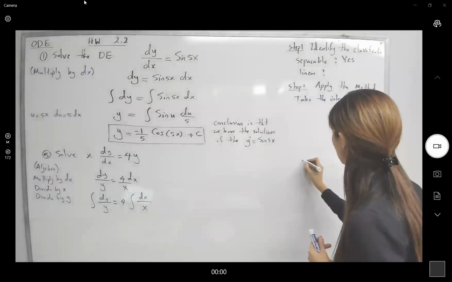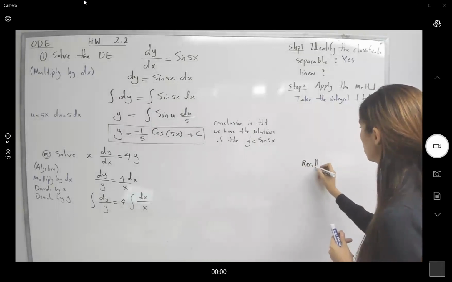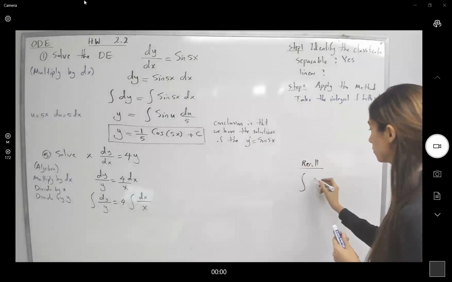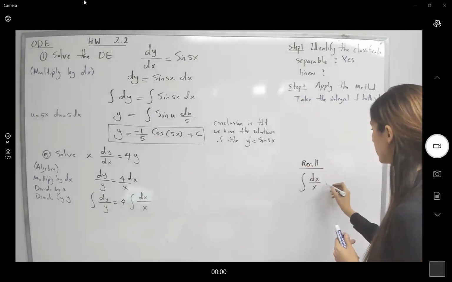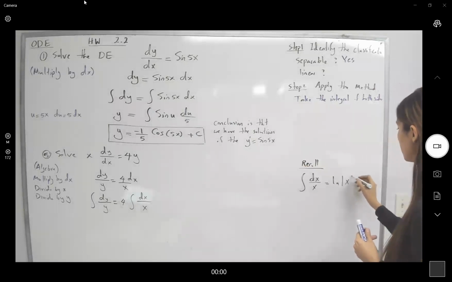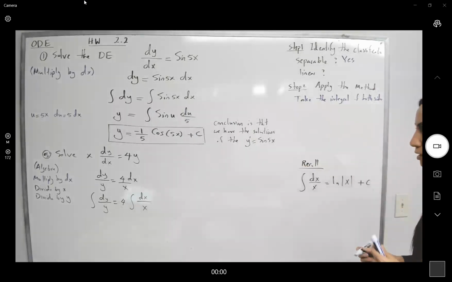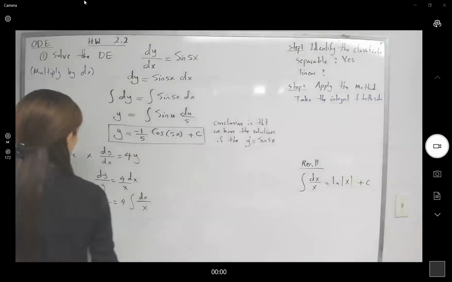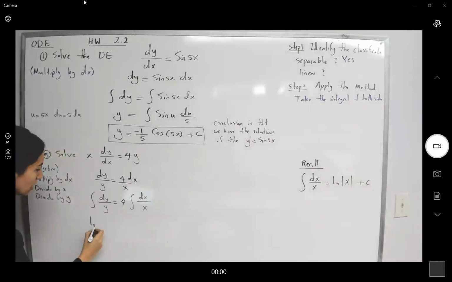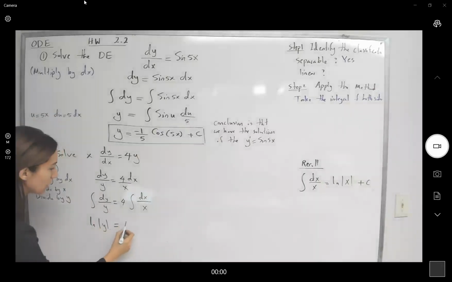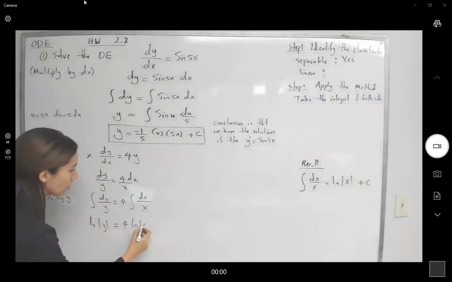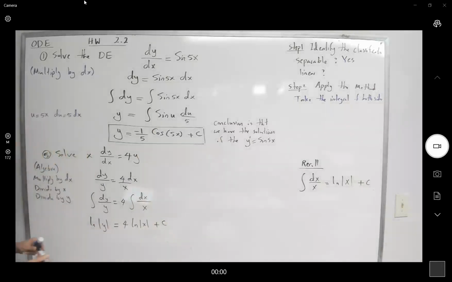You recall the integral of dx over x is equal to ln of absolute value of x plus constant of integration. So on the left-hand side, you end up with ln of absolute value of y. On the right-hand side, you have 4 ln of absolute value of x plus constant of integration.